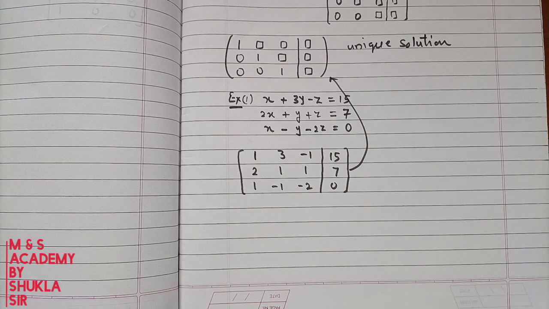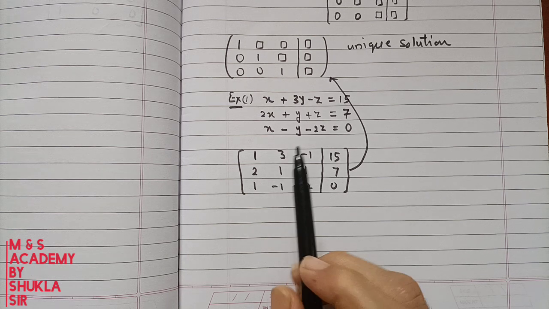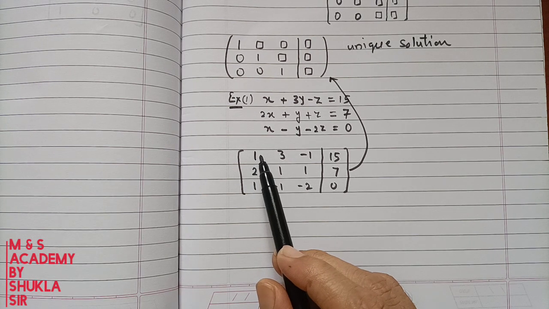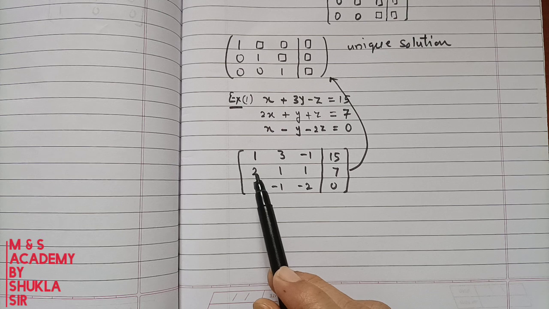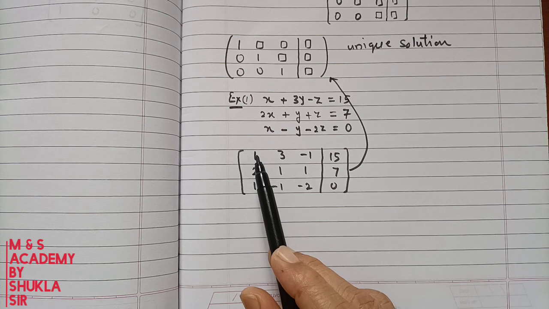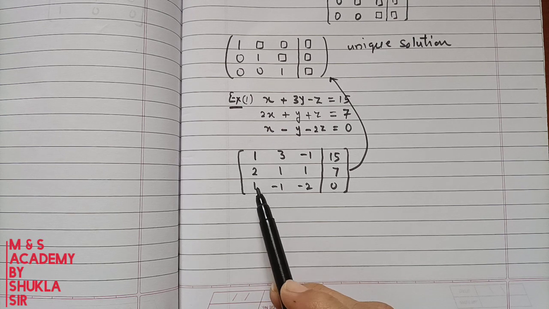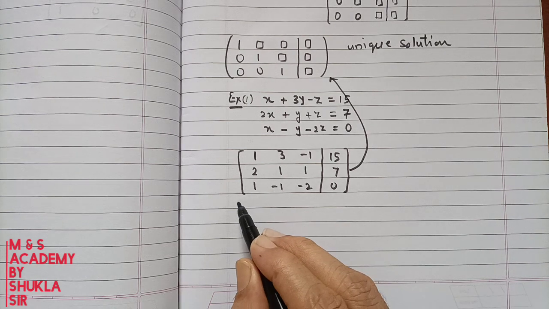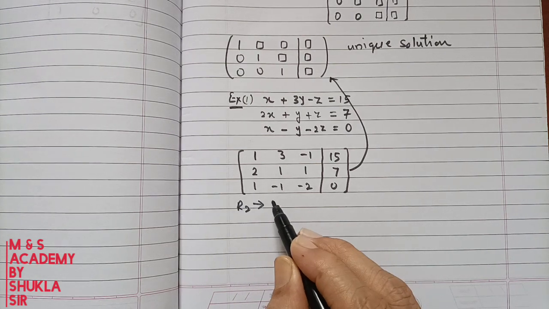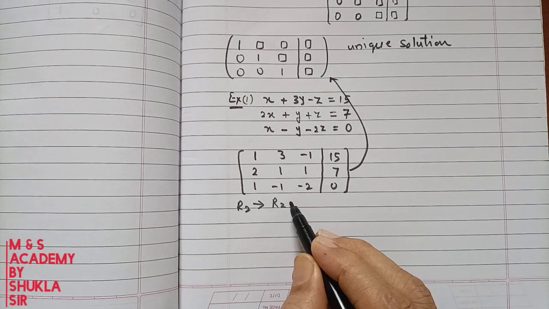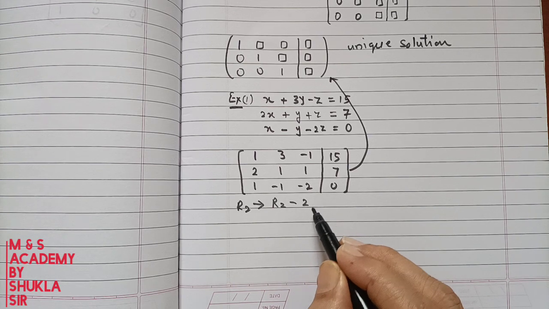If you remember, in the previous class or video, we discussed how to perform row operations. So the 1 is already there, so no need to change; we need to make this one a 0. Using this one, we'll make this one 0, and for that we need to change R2. How? R2 minus 2 times R1.